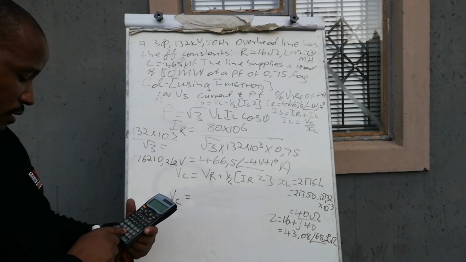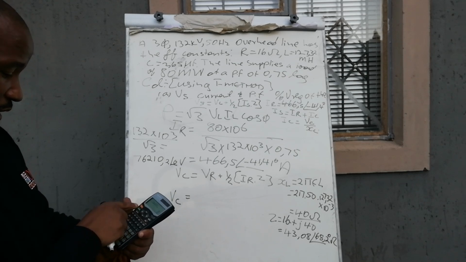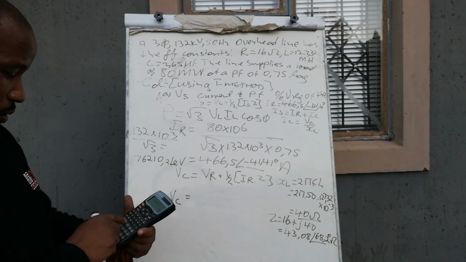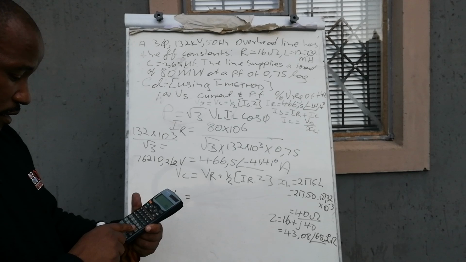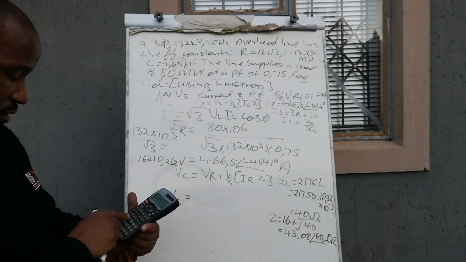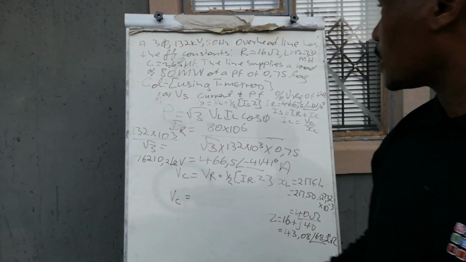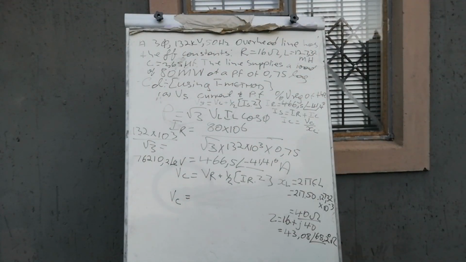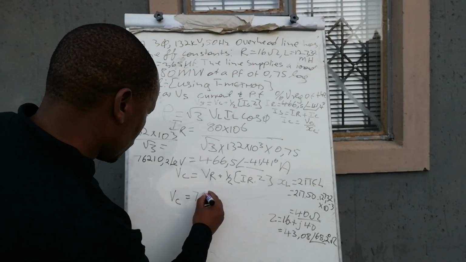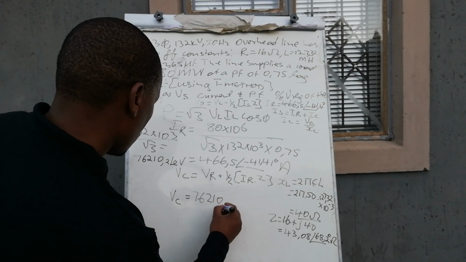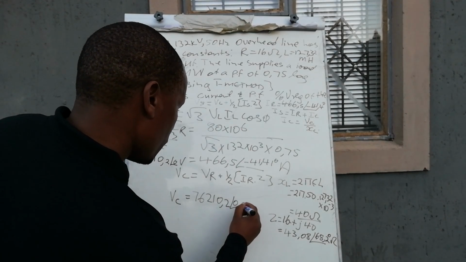Yes, that's the case. 132 exponent 3 divided by square root 3. Now this is 76,210.2 angle of 0 plus.